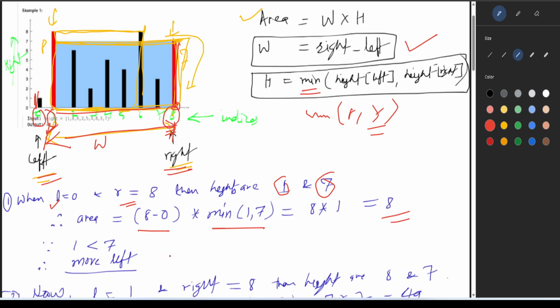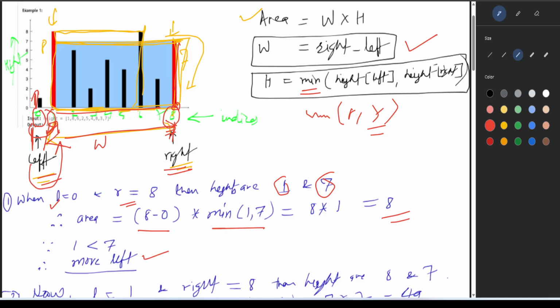Similarly, we will move left because 1 is less than 7. Currently our left was here, so we will move from here to the next one.